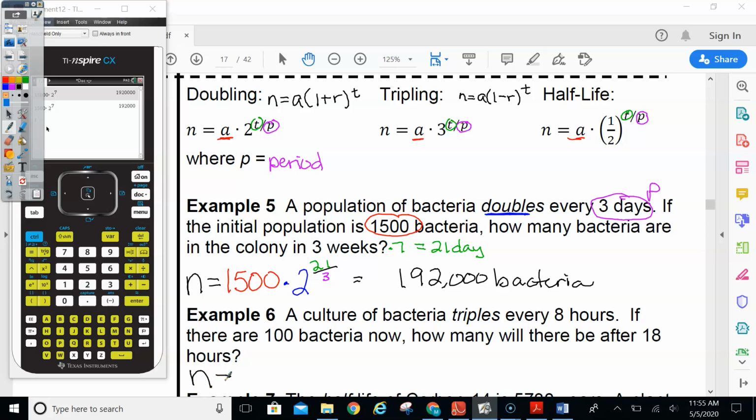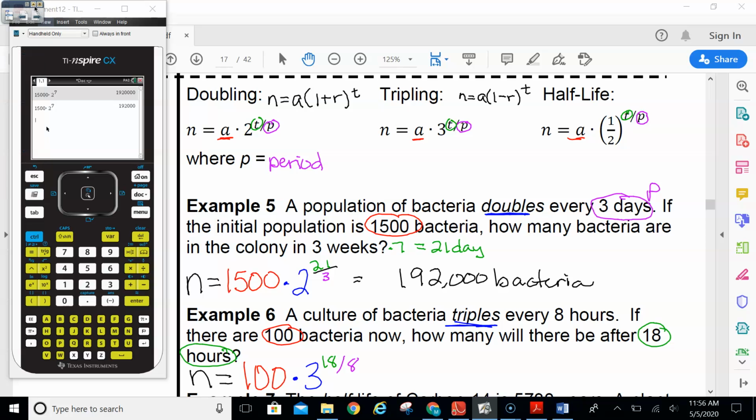So N equals, the initial bacteria is 100. And we're going to use the tripling one, so times 3. T is the time that we want, so we want 18 hours. And the period is 8 hours, so they're both in hours, so we can just put 18 divided by the period, 8. And again, just come over here and type it in.